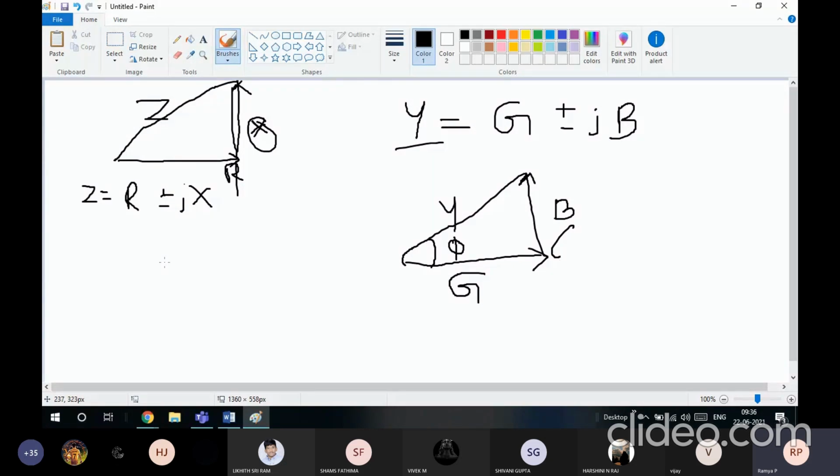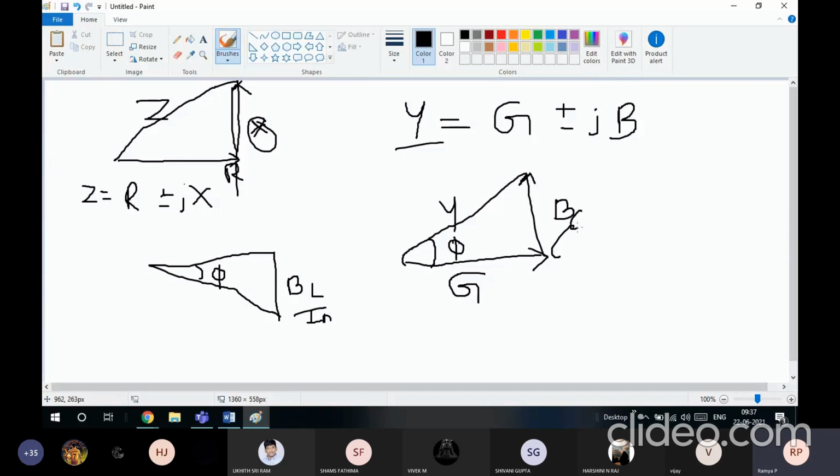If I draw the same diagram with the phase angle in the clockwise direction, then this B I will indicate as BL, because it is inductive in nature. So this is for capacitive.